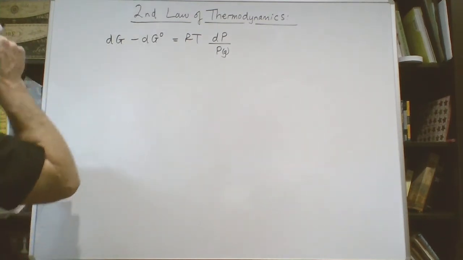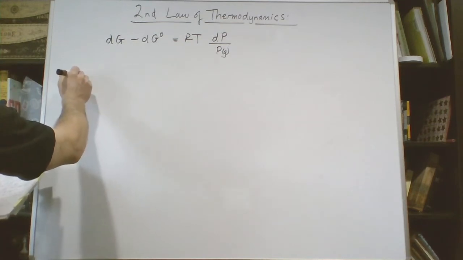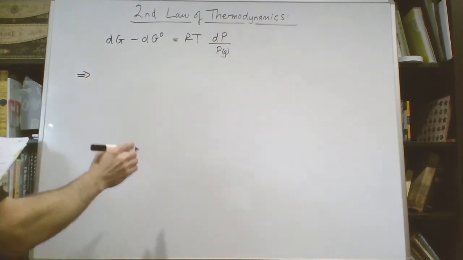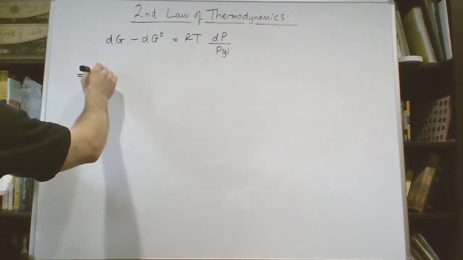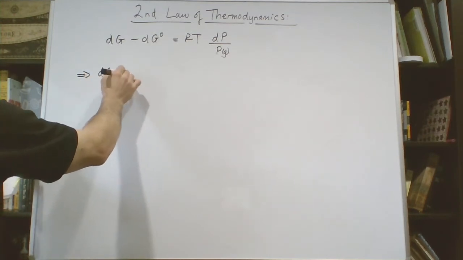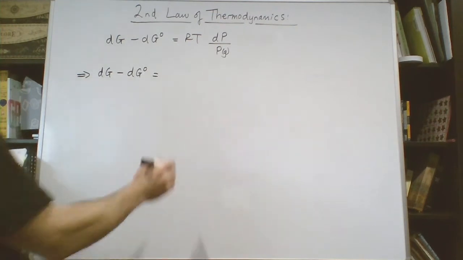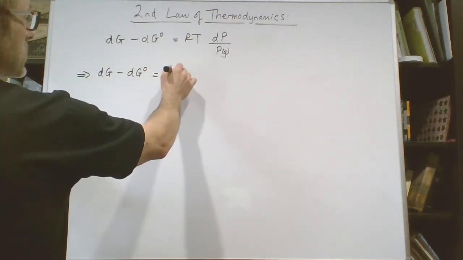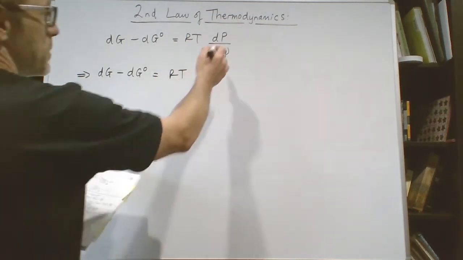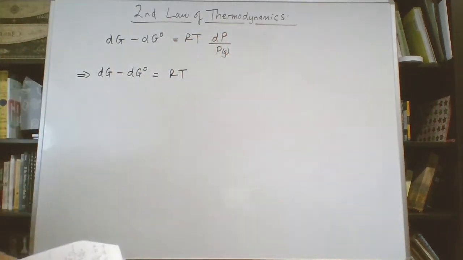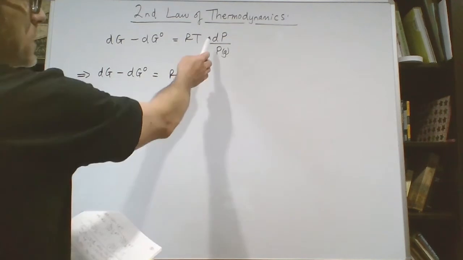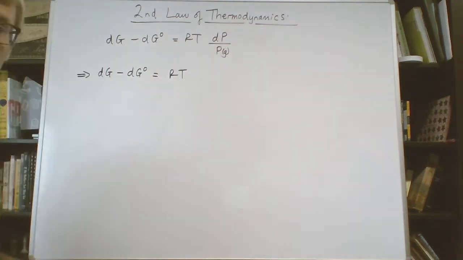So we could write dG minus dG standard is equal to RT, and then I'm particularly interested in this form here. We've seen this before, where we essentially have a change in a variable as the variable itself changes.